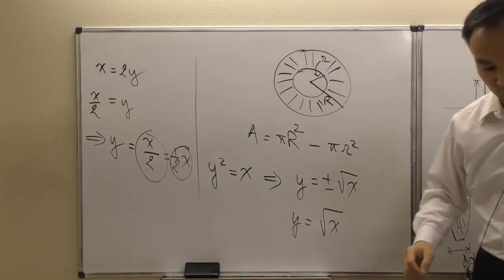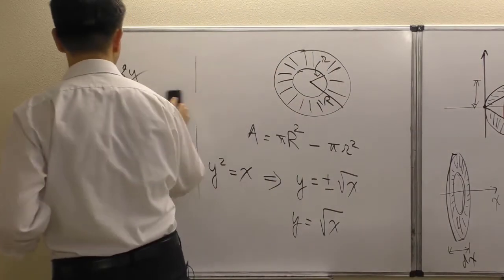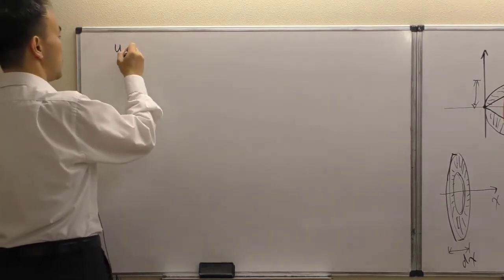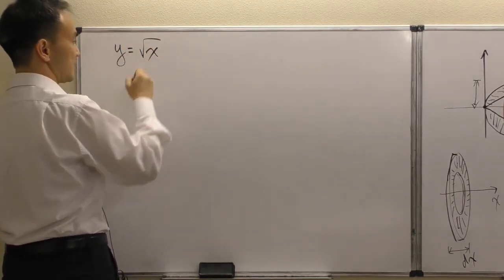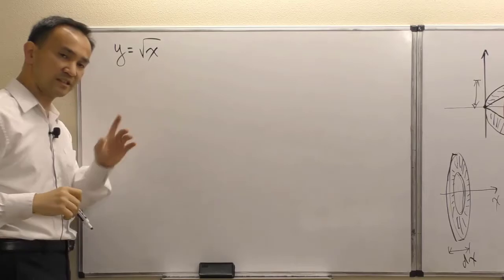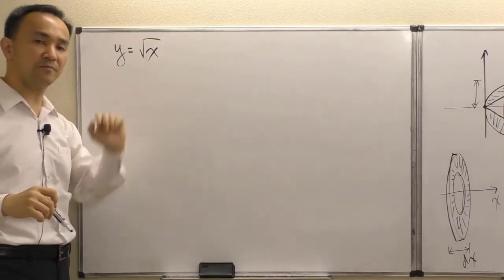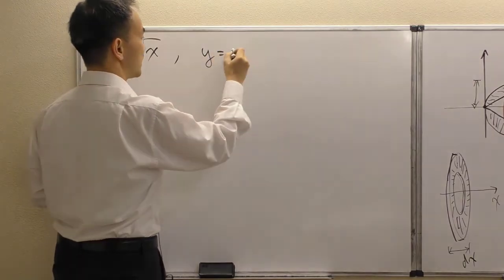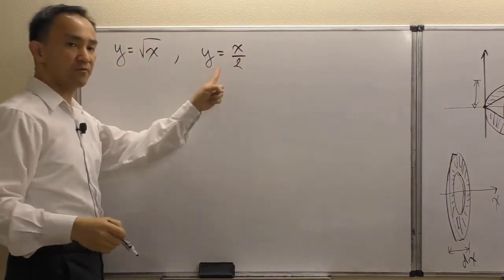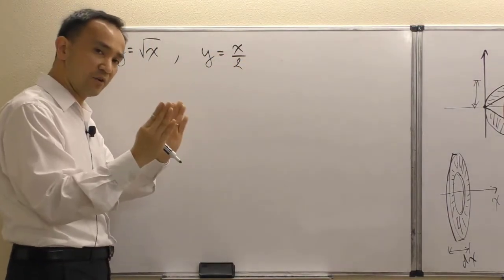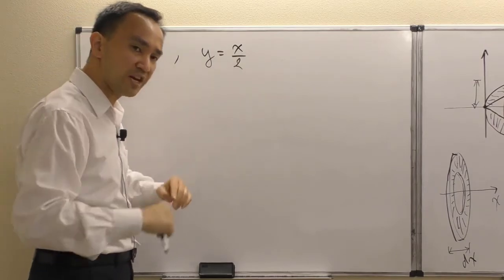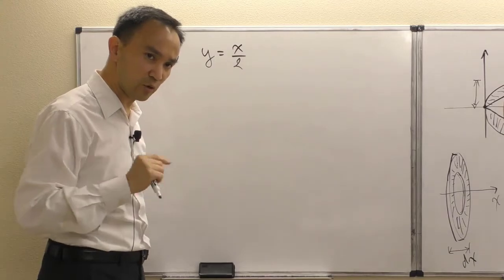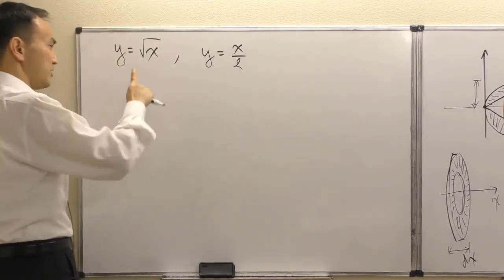So now on my other board, I have y equals square root of x. That's one curve, and in the picture, this is the curve that's further away from the rotation axis. And then we have another curve, y equals x over 2. This is the curve that, at least within our rotated region, is closer to the rotation axis.